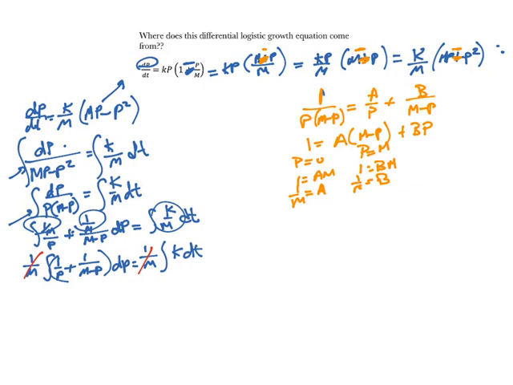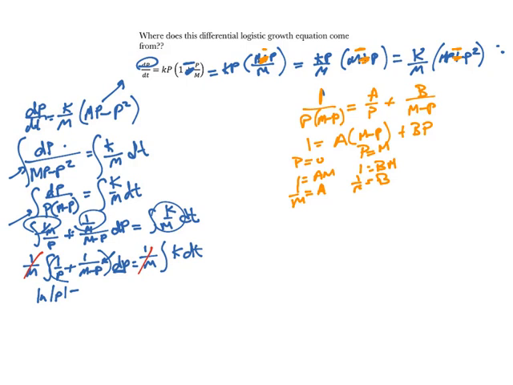So if I'm integrating with respect to p, this is going to be a natural log of the absolute value of p. And because I'm integrating with respect to p, this is going to be minus, because the derivative of m minus p is a negative 1.